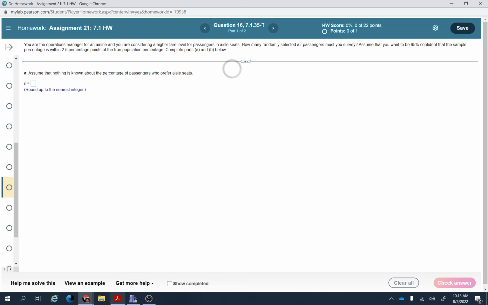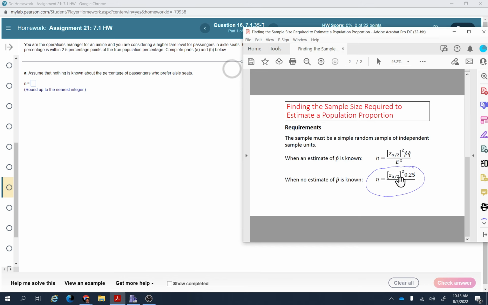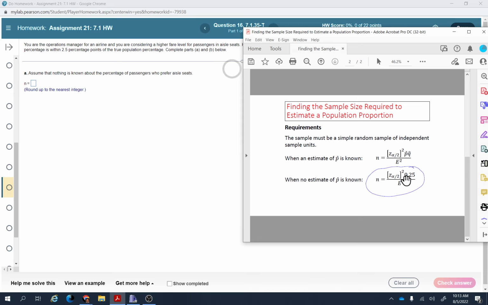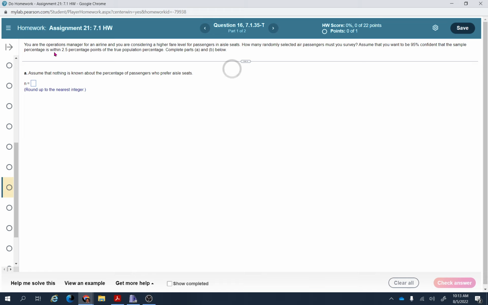So you need to find the z value for alpha over 2, 0.025. You can use your TI-83/84 calculator for finding this z value. And there is a margin of error E. According to this problem, the margin of error is 2.5%, which is 0.025. So these are the values we're going to use.